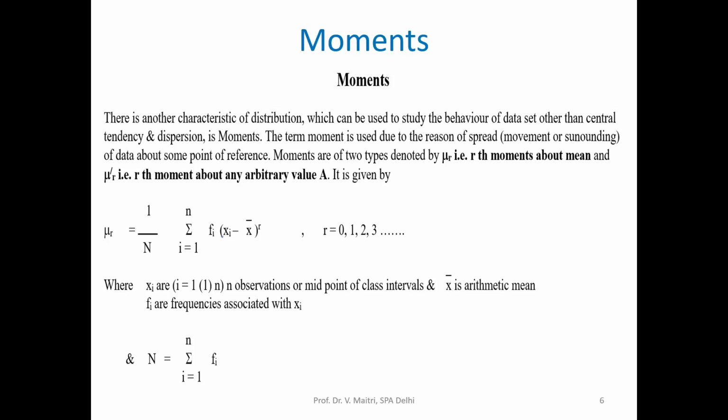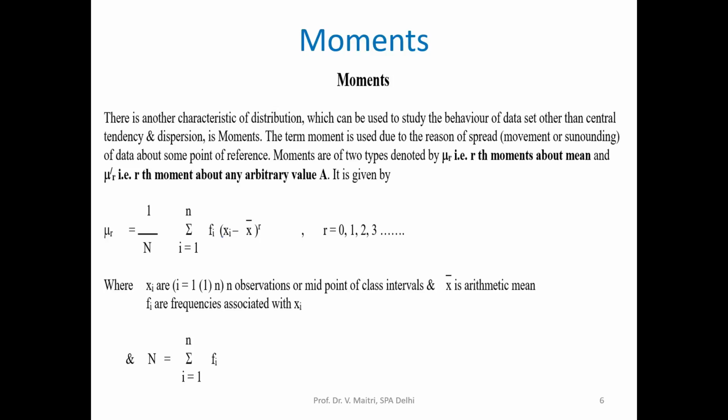Moments are of two different types. One is mu r, that is the rth moment about the mean, and mu r dash is the rth moment about any arbitrary value a. So mu r dash tells us about the spread around the value a, and mu r tells us the spread around the arithmetic mean.